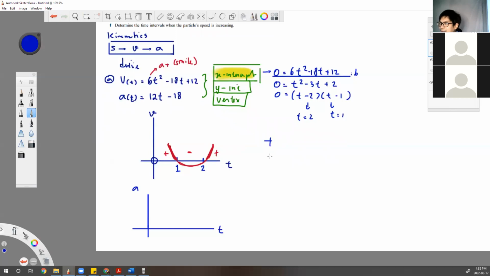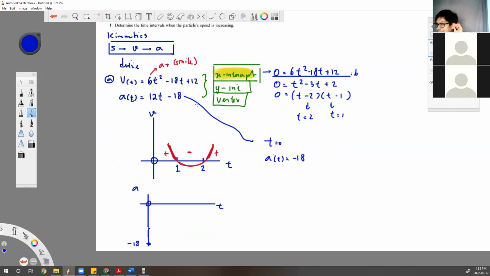When t equals 0, A is equal to negative 18, right? So (0, negative 18). I just put it like this. Sorry, the drawing is not so good. It's not in scale, super not in scale. But I think we better change the t a bit on top of this, because this is negative 18.